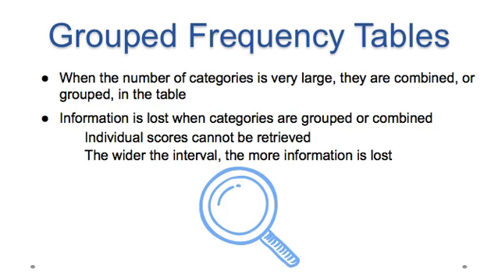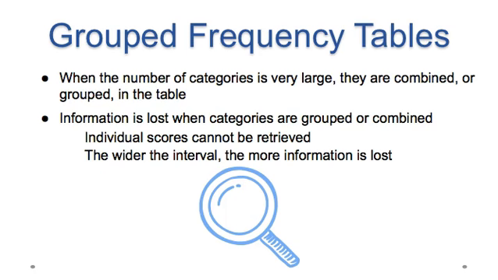Now what happens if you have a larger data set or a large number of categories? We have to create what are called grouped frequency tables. Your textbook shows you how to construct a grouped frequency table. However, for this class, you will not need to. I do want you to understand the advantages and disadvantages for using grouped frequency tables.